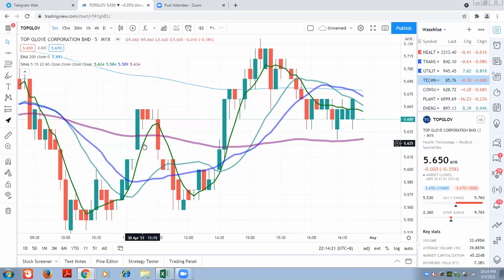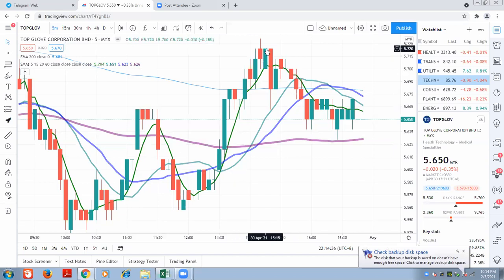So FIFO is great if you're doing it as a full-time trader. If you're a full-time trader, using this method is really good for FIFO.